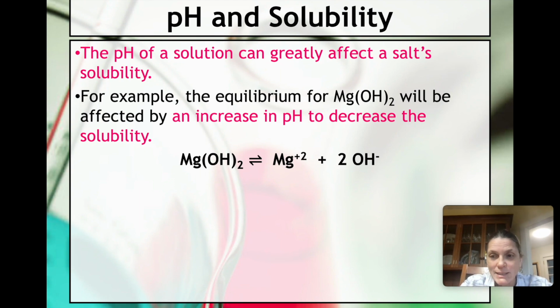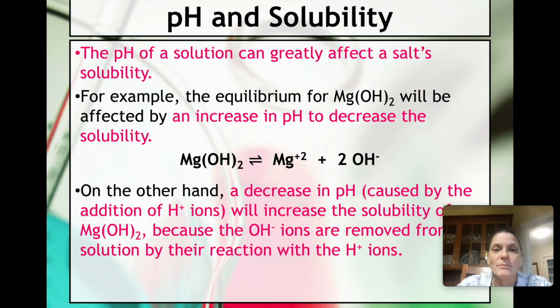Now, what we did in the lab is we squirted hydrochloric acid in there. When you put the hydrochloric acid in, it selectively removes the hydroxide ions. You're pulling out the hydroxide ions because you're reacting them with the acid, and it causes the equilibrium to shift to make more ions. So by removing the OH, you can push the equilibrium to dissolve more of the magnesium hydroxide.